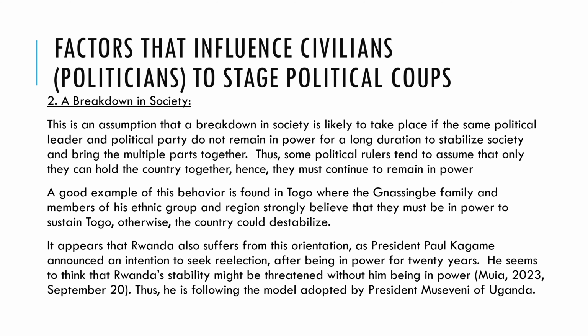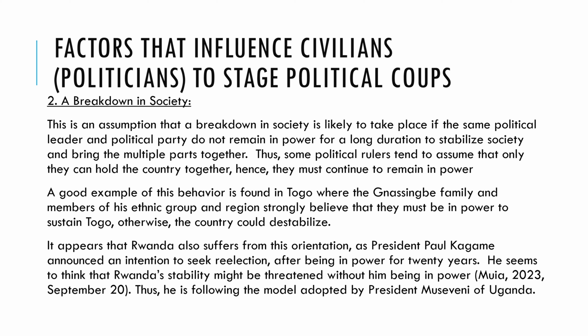2. A breakdown in society as a causative factor for political rulers to rule endlessly. This is an assumption that a breakdown in society is likely to take place if the same political leader and political party do not remain in power for a long duration to stabilize society and bring the multiple parts together.